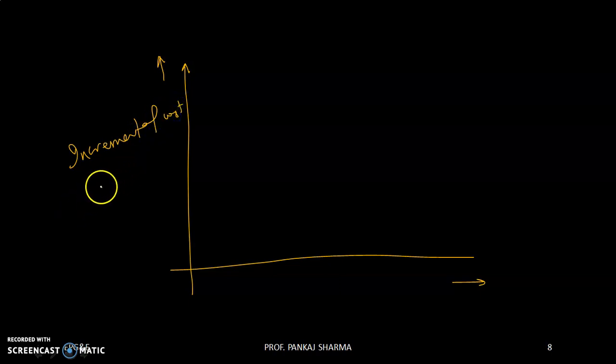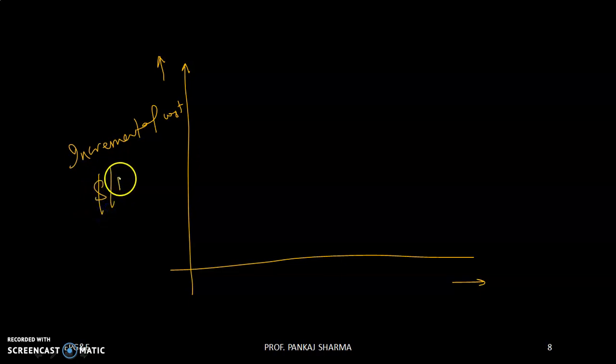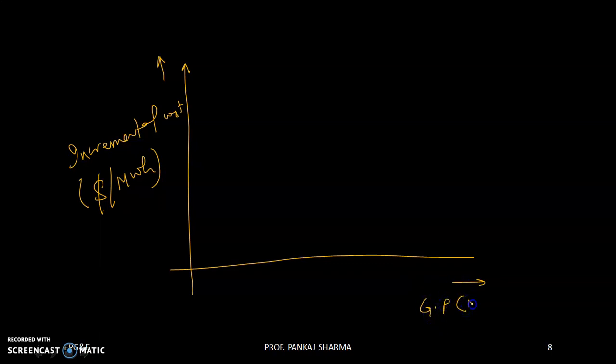The unit of incremental cost is dollar per megawatt hour. And this is your generator power in megawatt. This is your origin. Now let this be 5, 10, 15, and somewhat 20 unit.